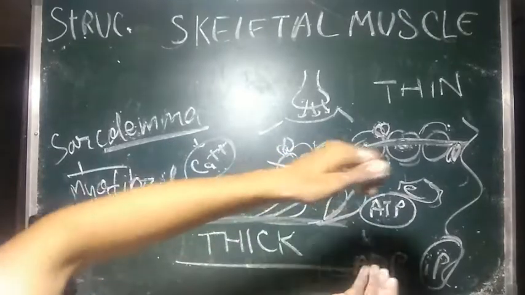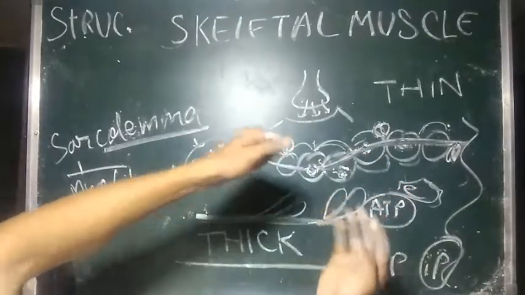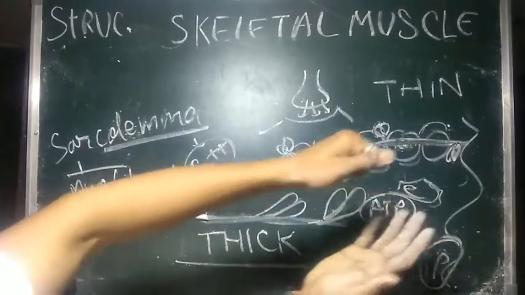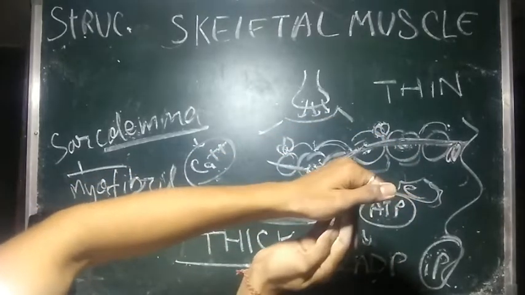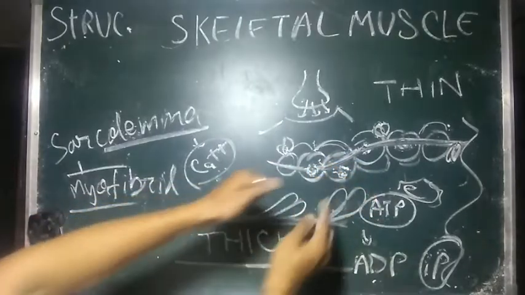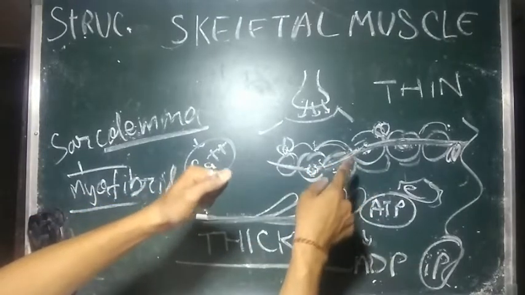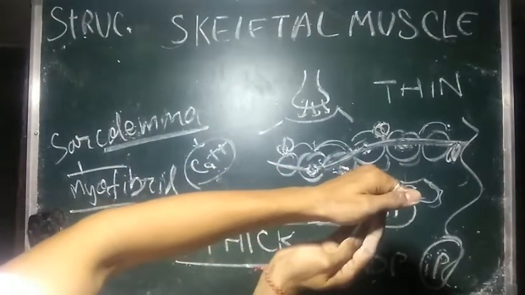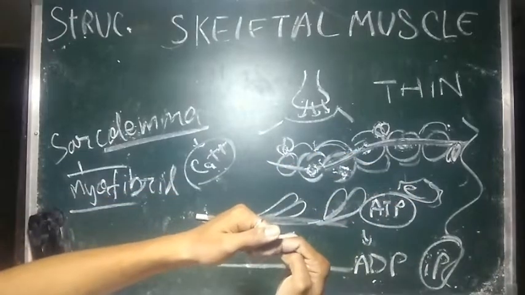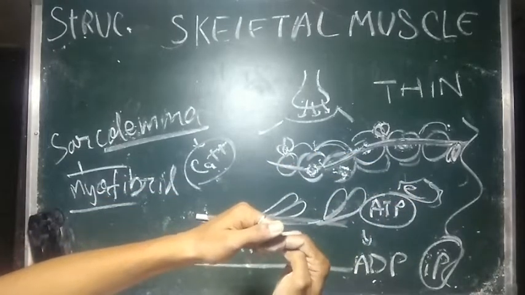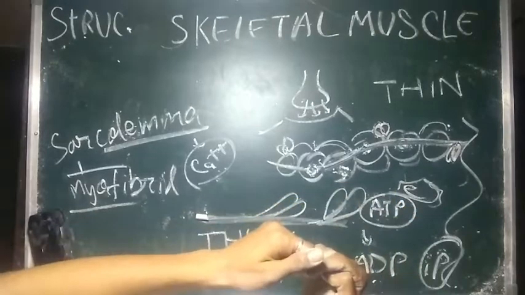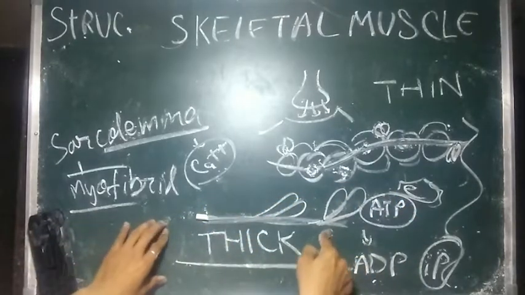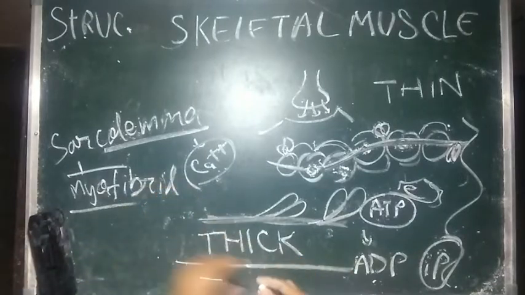This movement looks somewhat like this: whenever ATP reaches, the myosin head starts binding with the actin-myosin binding site present on the actin protein. So ATP is released, energy is consumed, ATP is converted into ADP and inorganic phosphate, and bending of the myosin head occurs.